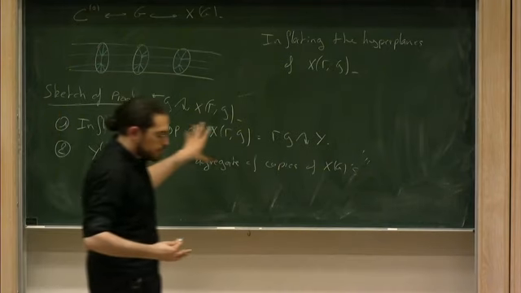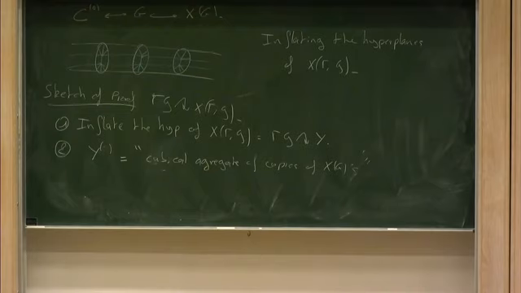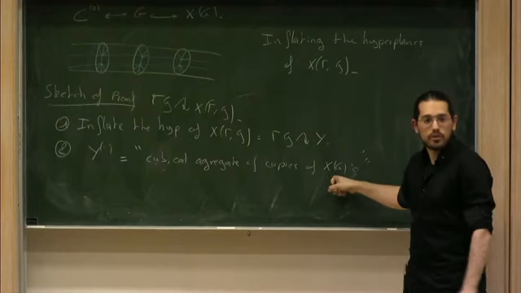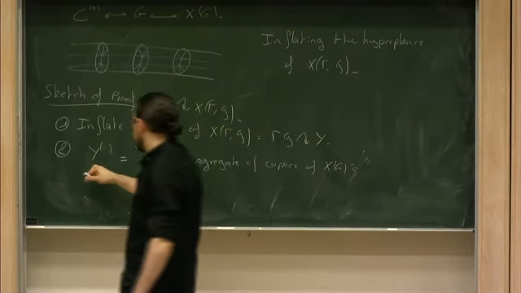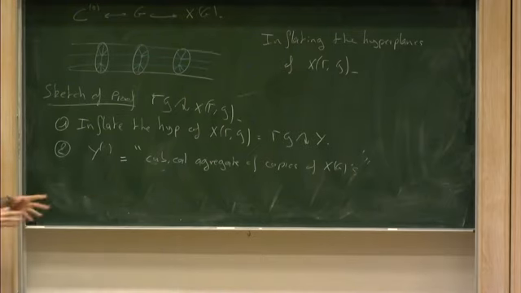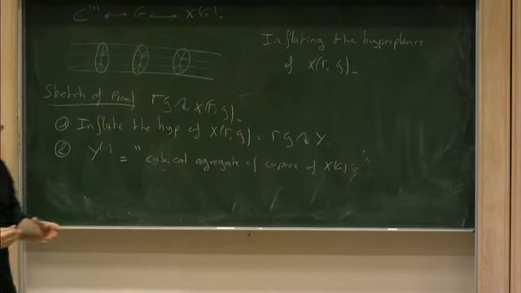Similarly, to produce quasi-median graphs, you take a union of prisms, which are products of cliques, and you glue them in a suitable way. But here, you know that each clique of Y is naturally a copy of some X(G). Okay, so to construct the set of vertices of Y, you can take a union of cubes, which are products of copies of X(G)'s, and you glue them in a suitable way.